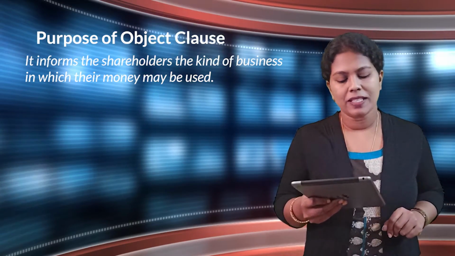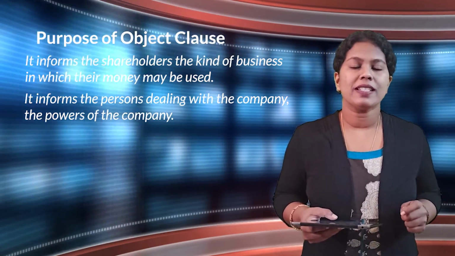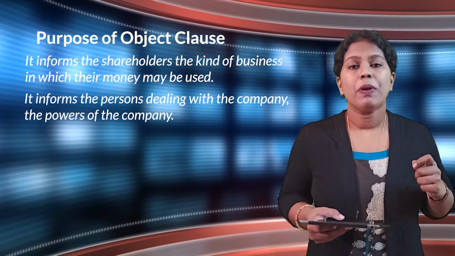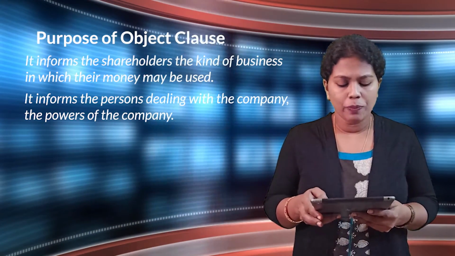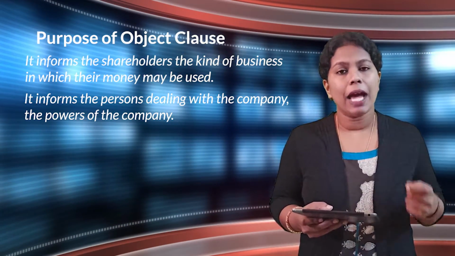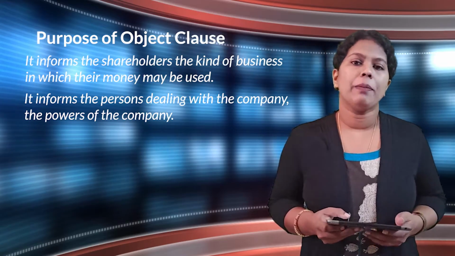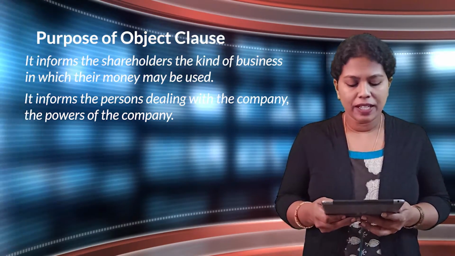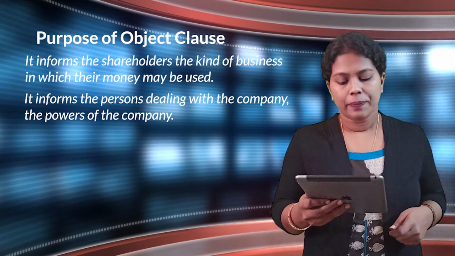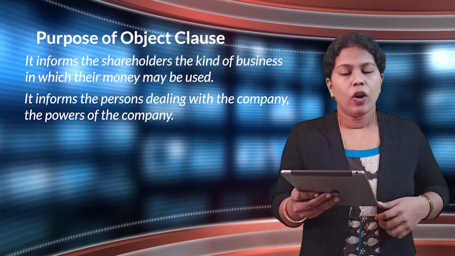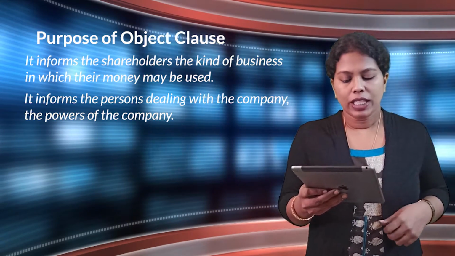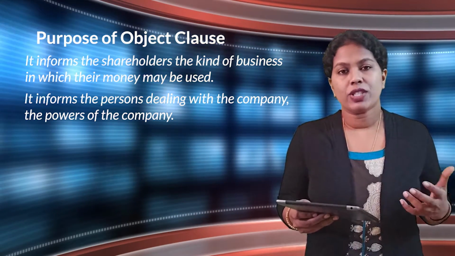The second purpose is, it informs persons dealing with the company the powers of the company. As I have stated earlier, this particular object clause states the ambit and extent of the company's power. So as far as a creditor is concerned, they will be able to ascertain what kind of company it is, or they will come to know what the objects of the company are.